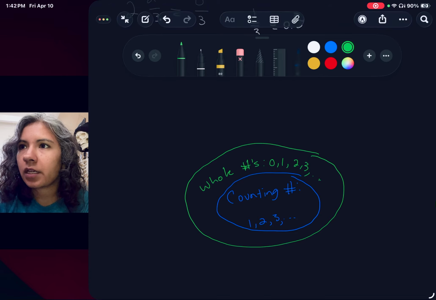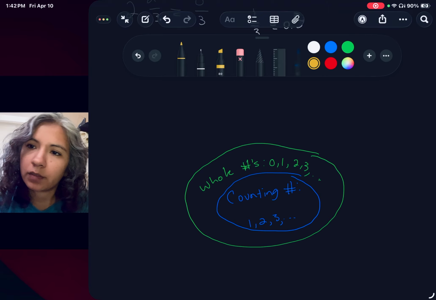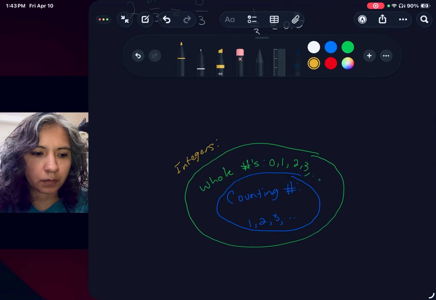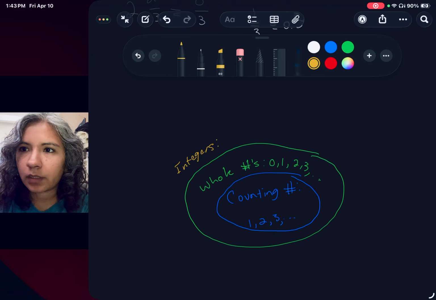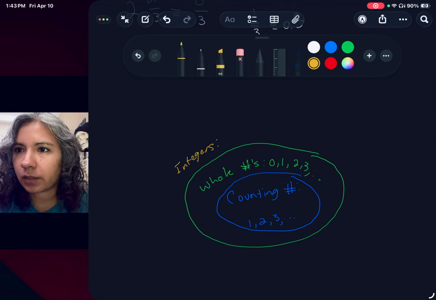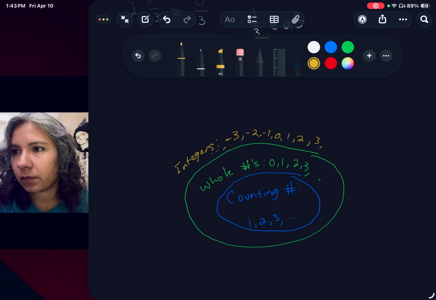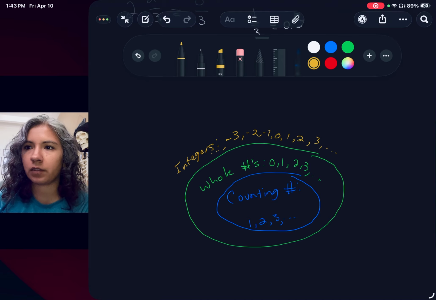Now this next set of numbers are integers, right? And they're the whole numbers and their opposites, from an infinitely negative number up to an infinitely positive number.